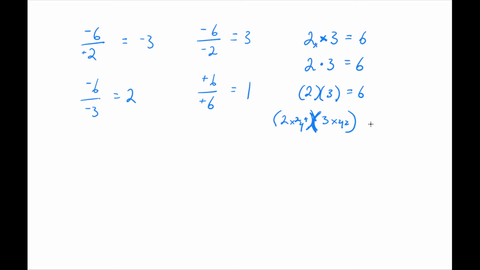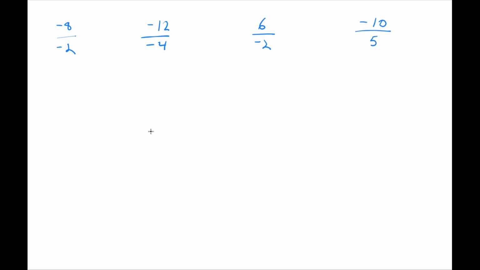All right, moving on. Let's do a couple of little practice problems. Let me clear the page. We have -8 divided by -2, -12 divided by -4, 6 divided by -2, -10 divided by 5.